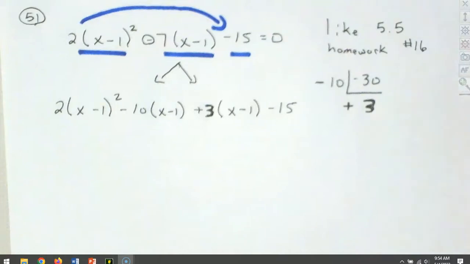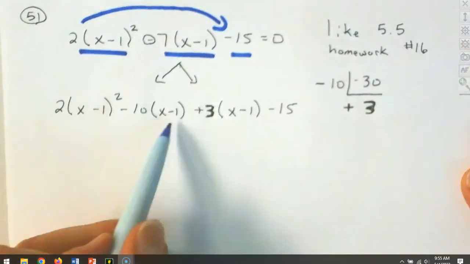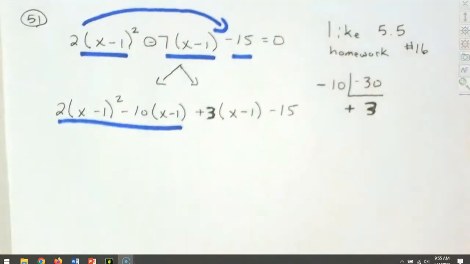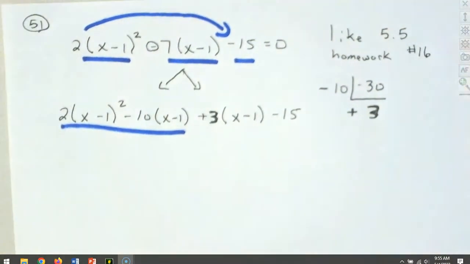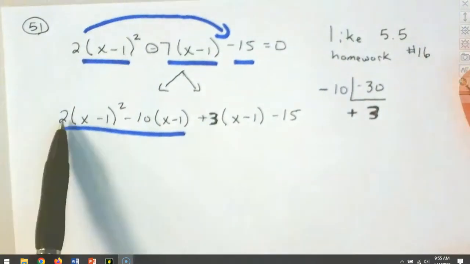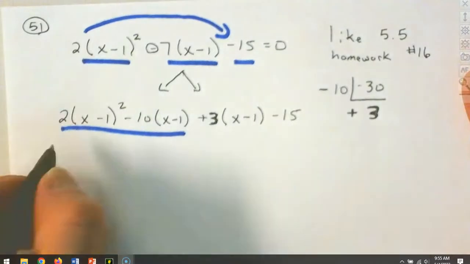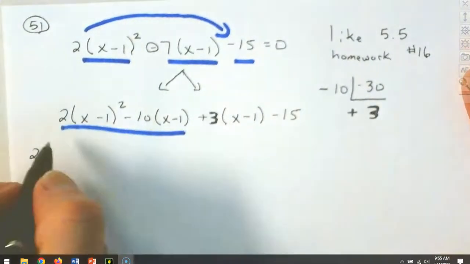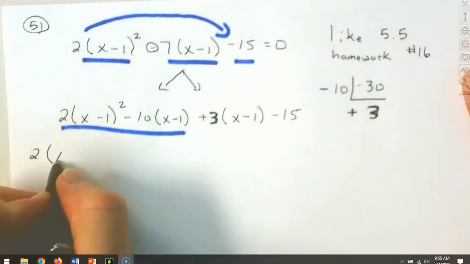And now we're going to group them together. And so we're going to group the first 2 together. Now we look for numbers in common, and there might even be an entire set of parentheses in common. There is an entire set of parentheses and a number, because 2 and 10, they have a 2 in common. These also both have the same parentheses, and that's an x minus 1.